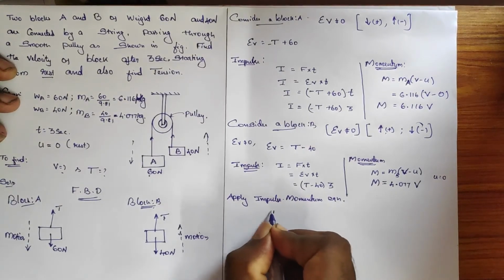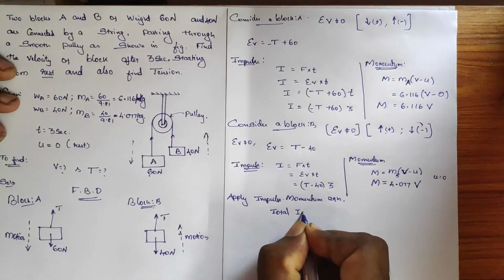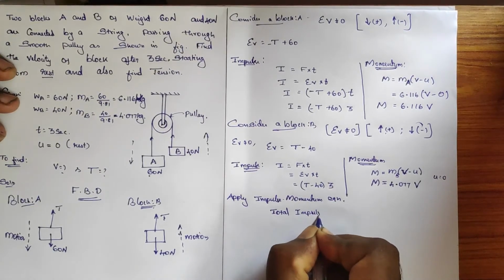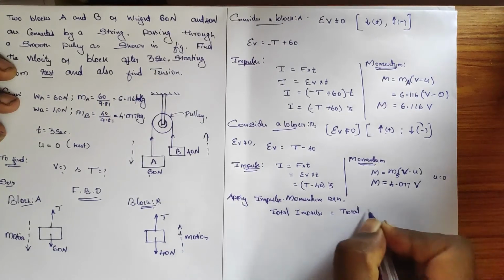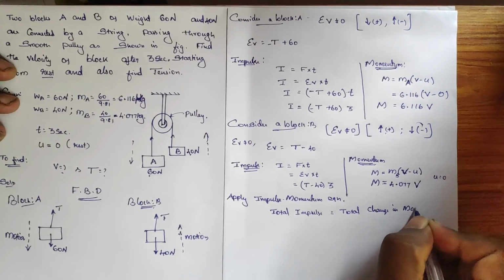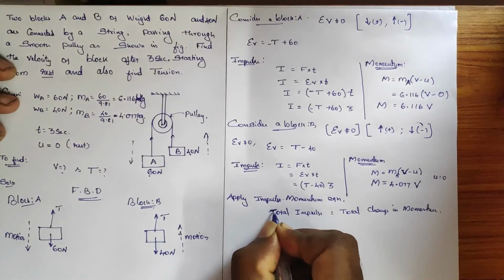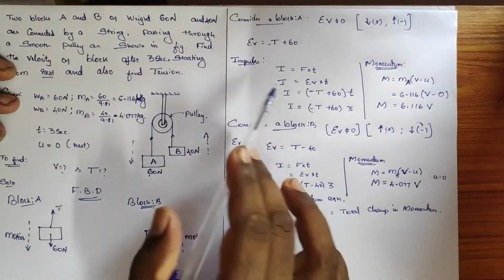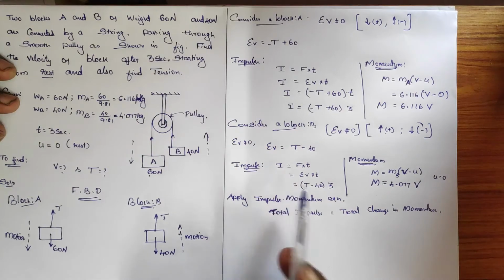So total impulse is equal to total change in momentum. Total impulse in the sense we must add both the block A impulse and the block B impulse.